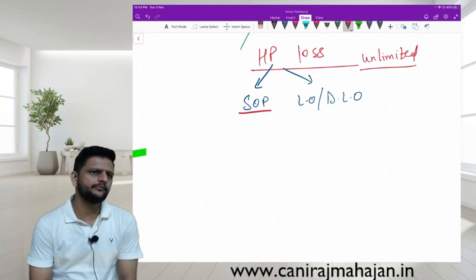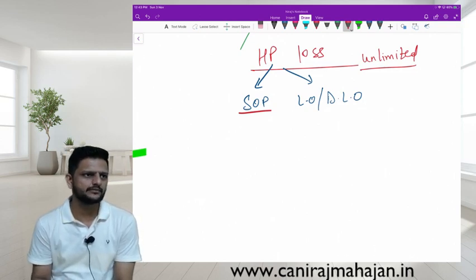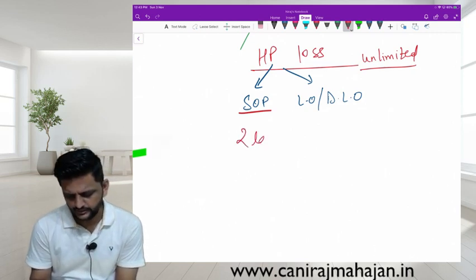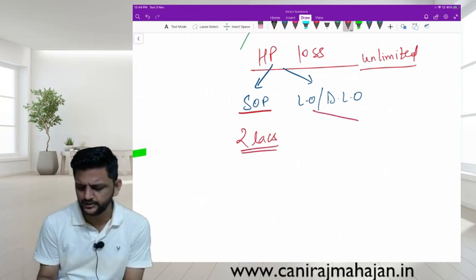Okay, SOP property, tell me, loss can be how much? Maximum 30,000? Actually, it is 2 lakhs, if all those conditions are satisfied, as in actual real life cases.